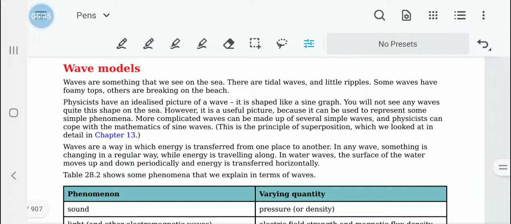Then if you take the wave in physics, you have observed that it is the sine graph. We don't actually see the crashing ocean waves; the physics wave is what is in the middle, not the one that is crashing onto the beach. So it is a smooth curve, a sine curve.